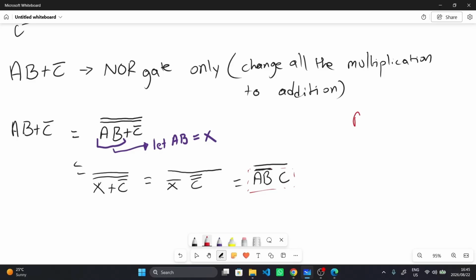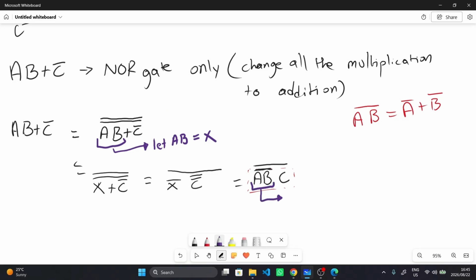So here we'll apply this rule. AB complement is A complement plus B complement, right? Correct? So in this case we can say, let A be complement.